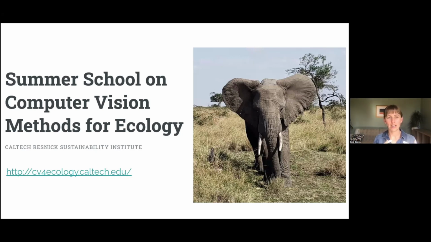And along the lines of trying to increase capacity, to take a different approach to tackling things quickly, I designed a summer school on computer vision methods for ecology. It's targeted to ecology graduate students and postdocs who have their own data and their own research question that they want to tackle with computer vision approaches. They applied with the data in hand and with a research proposal.